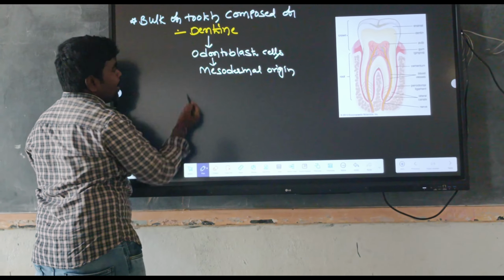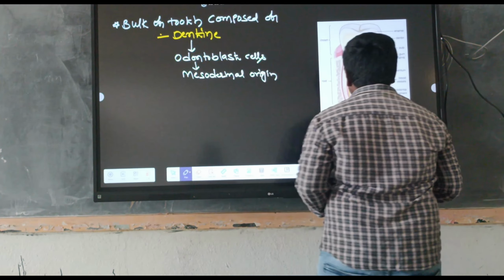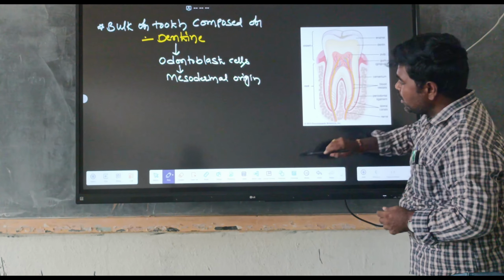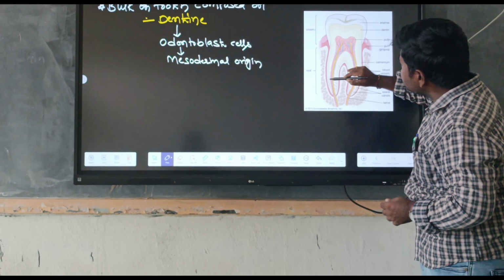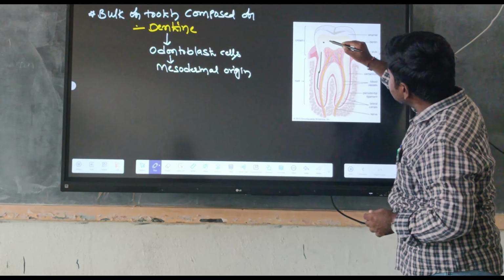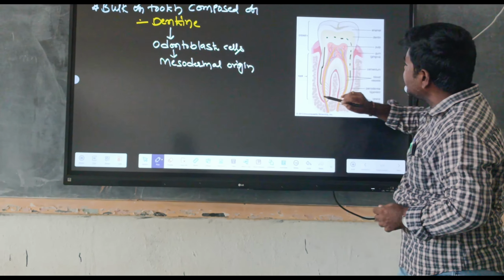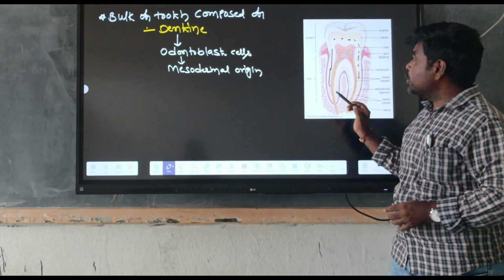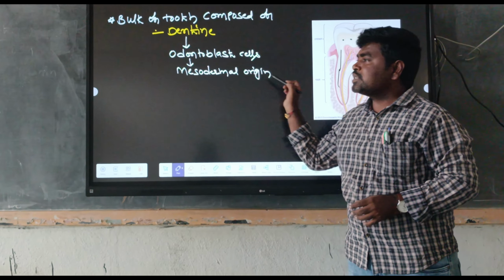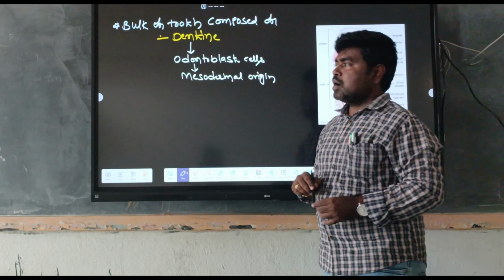So when we observe the diagram, this is the major portion of the tooth, composed of dentine. The dentine is secreted by odontoblast cells, and the odontoblast cells are of mesodermal origin.